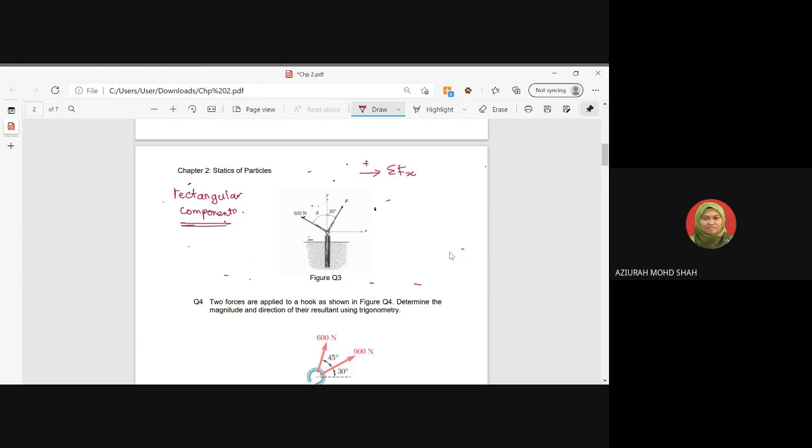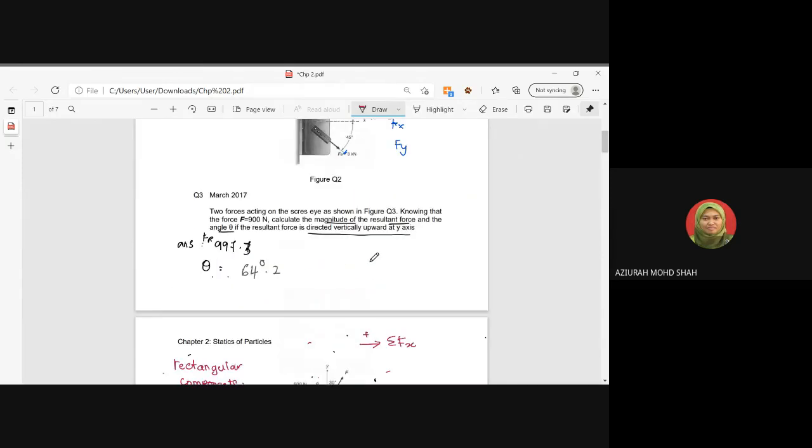Okay, but first, when you read this question, is it in equilibrium or non-equilibrium? Non-equilibrium. How do you know it is non? Resultant force.